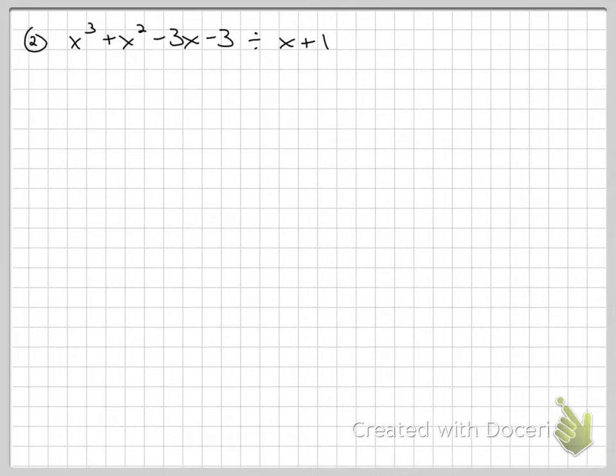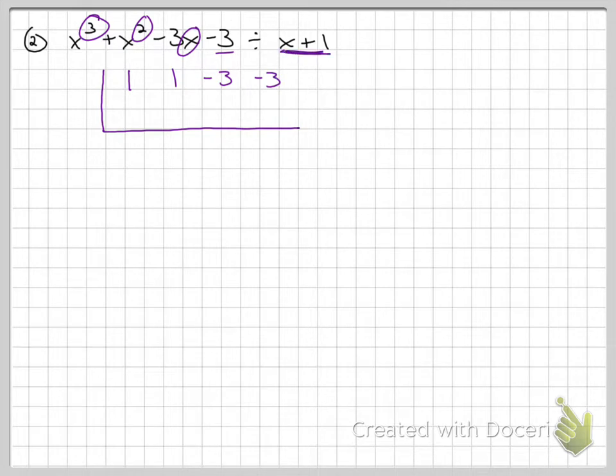Number 2, take a second, write it down, pause the video, do the problem, then watch me teach it. Okay, at this point we have learned synthetic division, which I think most of us prefer. However, on test day you will have to do long division, so I will add another problem for that in a minute. Synthetic. Cubed, squared, x, constant, so we're good. 1, 1, -3, -3.